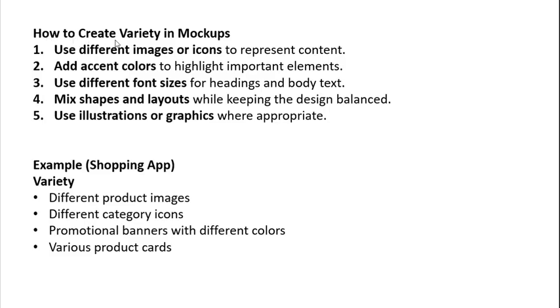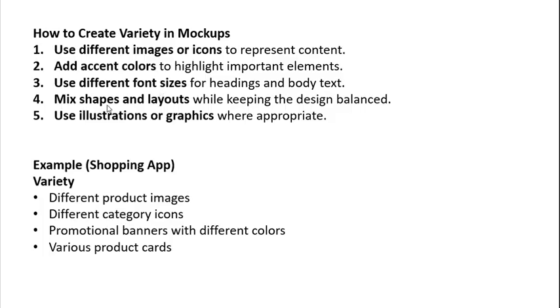And how to create variety in mockups? First, use different images or icons to represent the content. Second, add accent colors to highlight important elements. Third, use different font sizes for headings and body text.